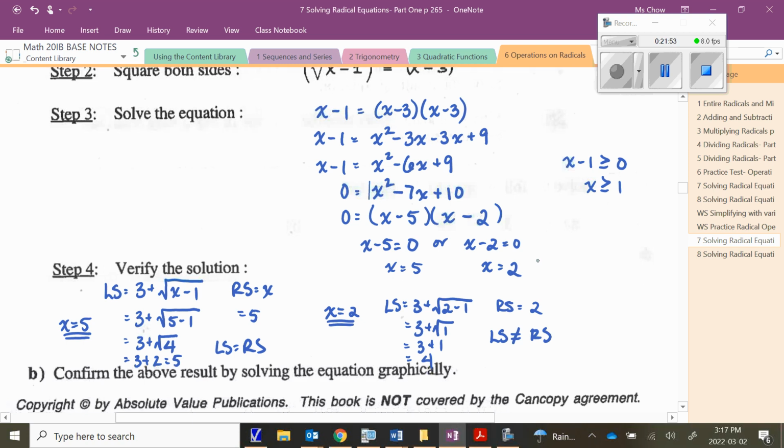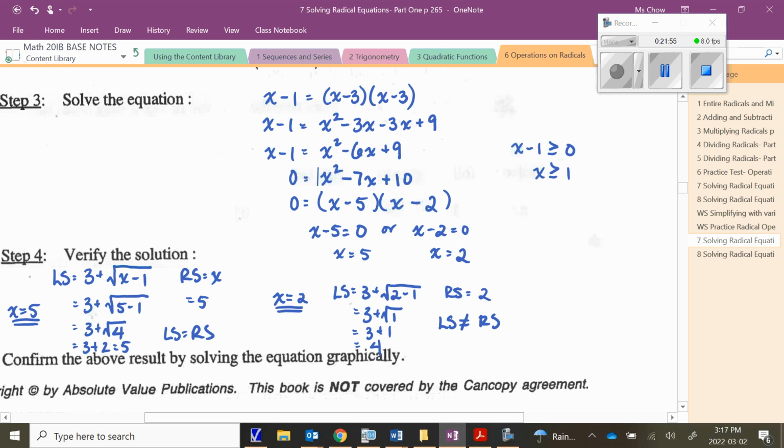Okay, and in fact, what we're going to say is our only solution then is x equals 5, and x equals 2 is what we would call an extraneous solution. So it's a solution that we were able to solve for, to find algebraically.